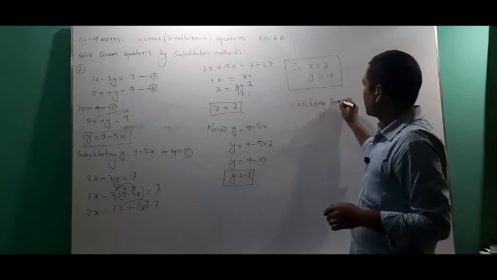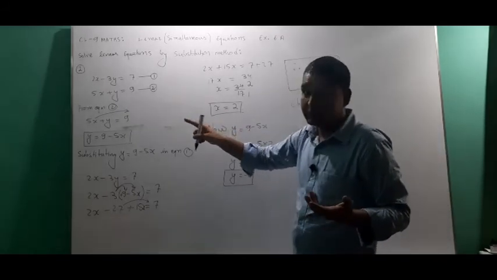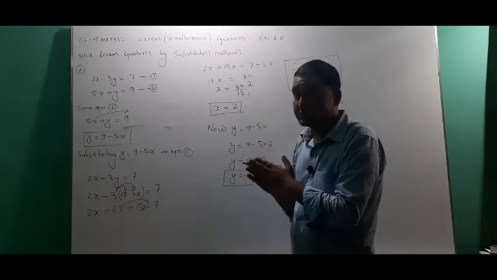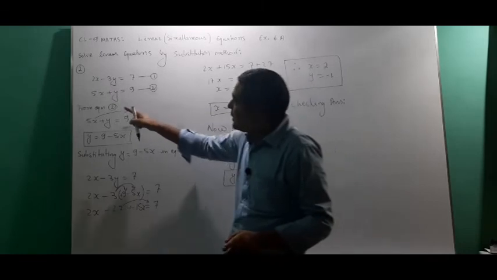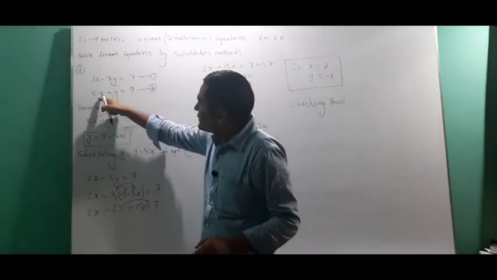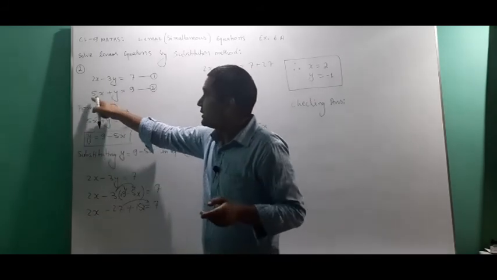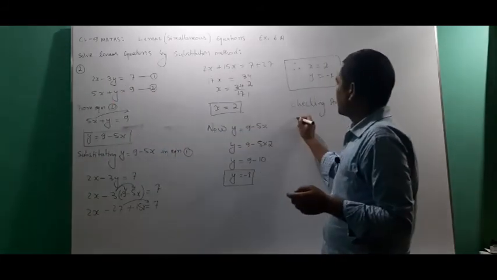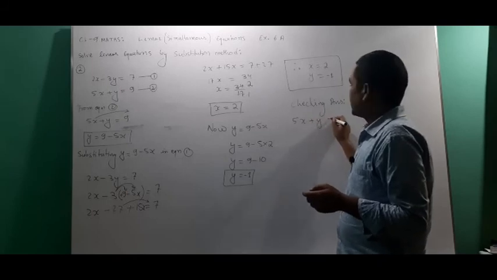Checking the answer. Let me use whichever equation is easy. While you substitute the values, choose the equation which is easy to solve, so we save our time. Let's take equation 2, because there is no number to multiply. Equation 2: 5x plus y equals 9.